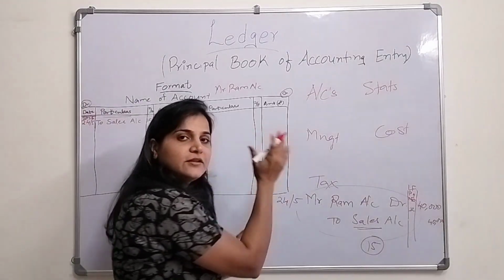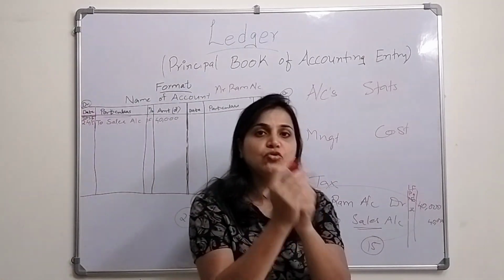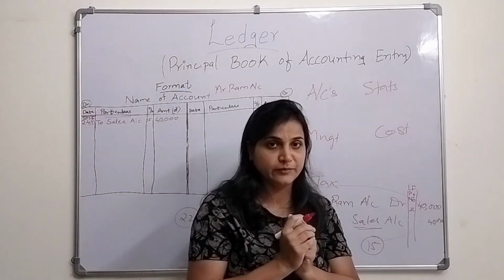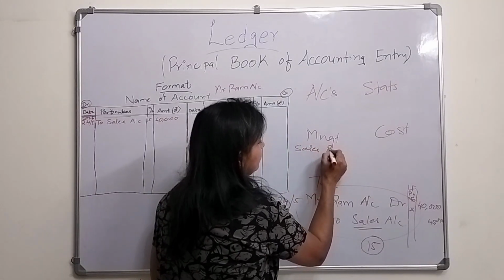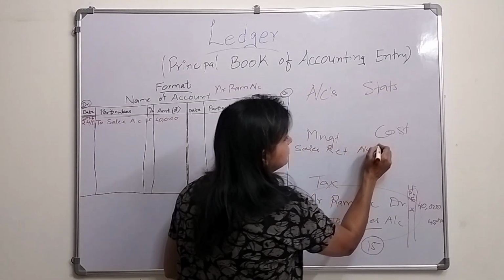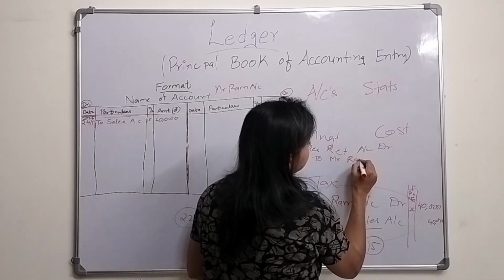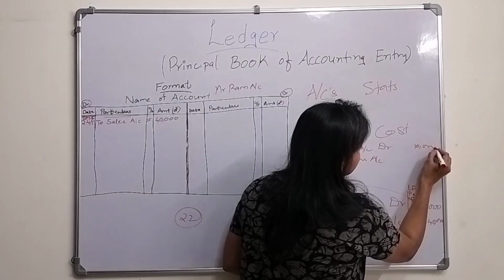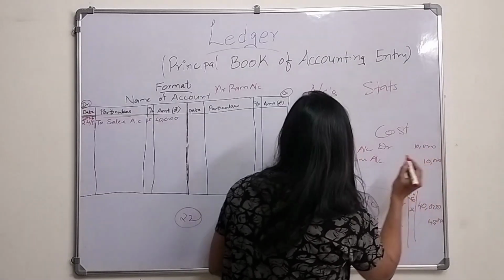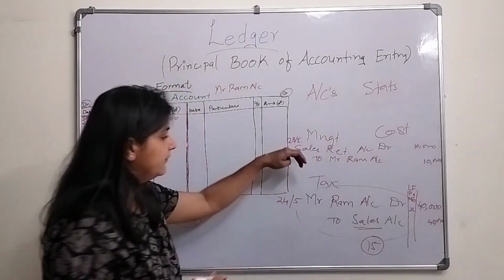Now what will I write on the credit side? Let's say Mr. Ram returned the goods which I sold to him. What will be the entry? Sales return account debit to Mr. Ram's account. Let's say goods worth rupees 10,000 he returned to me on 28th of May.